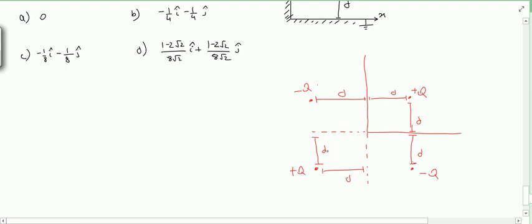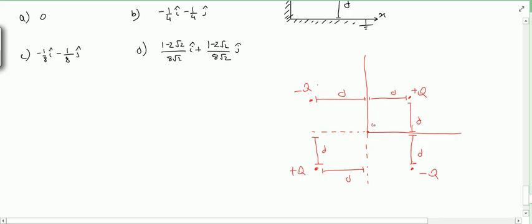So it is like the charges are placed on a square, basically the corners, the vertices of a square, and the side of the square is 2d.